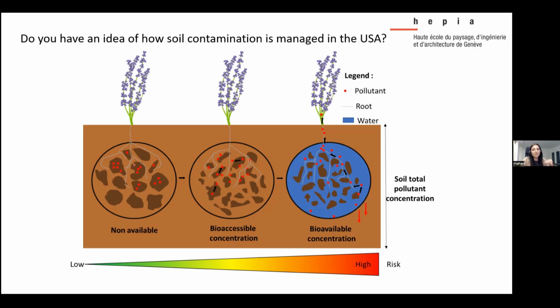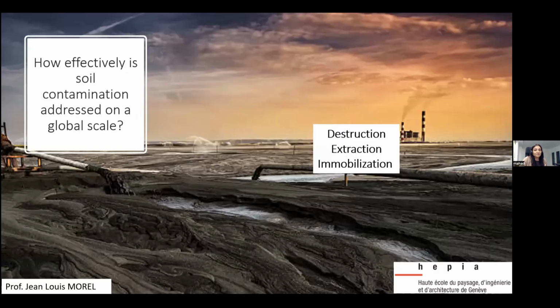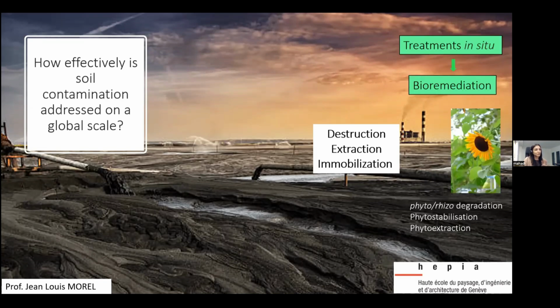So when managing contaminated lands, our primary concern is to minimize the risk of contamination and restore the natural filtering ability of soil. If I can say how effectively soil contamination is addressed on a global scale, to treat soil contamination, we can use different approaches.